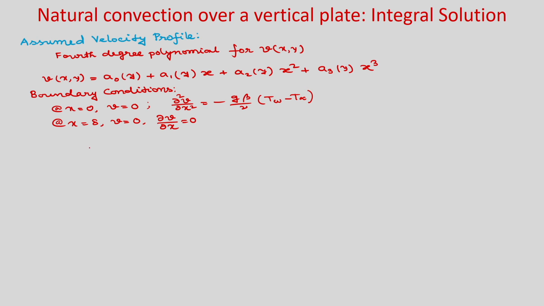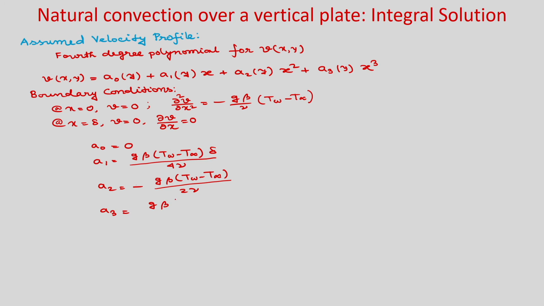So, if you invoke this boundary condition and find the coefficients, you will get a naught is equal to 0, A1 is equal to g beta (T w minus T infinity) delta by 4 nu, A2 is equal to minus g beta (T w minus T infinity) divided by twice nu, and A3 is equal to g beta (T w minus T infinity) divided by 4 nu delta.